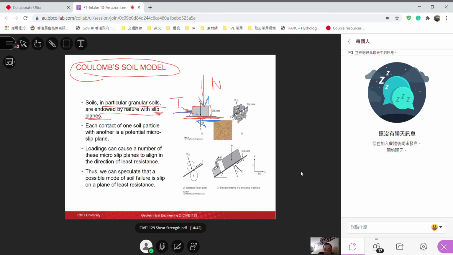Now, if we have a normal force applied to the soil particles along a potential failure plane, the potential failure plane is not a totally straight line. It's a line, but roughly along the soil particles.